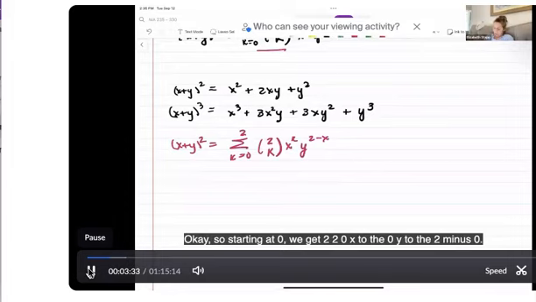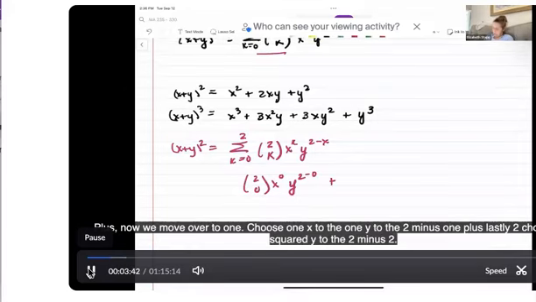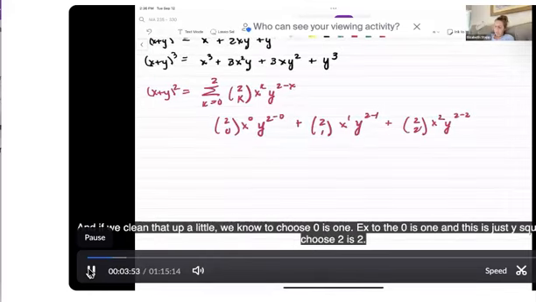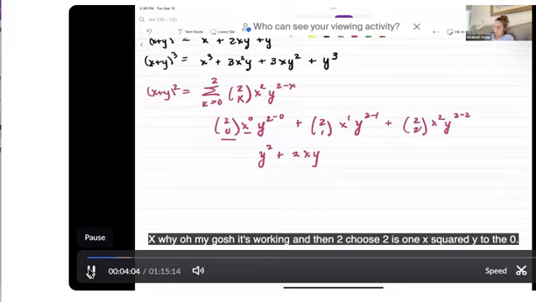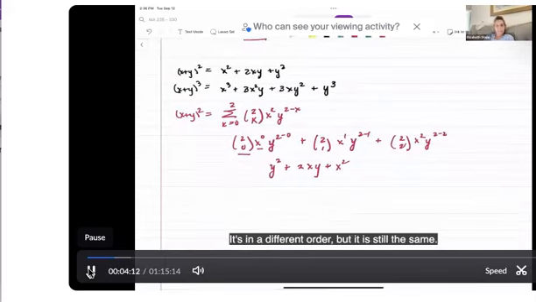Starting at 0, we get 2 choose 0, x to the 0, y to the 2 minus 0, plus 2 choose 1, x to the 1, y to the 2 minus 1, plus, lastly, 2 choose 2, x squared, y to the 2 minus 2. If we clean that up, 2 choose 0 is 1, x to the 0 is 1, and this is just y squared, plus 2 choose 1 is 2, xy. Oh my gosh, it's working. And then 2 choose 2 is 1, x squared, y to the 0. It's in a different order, but it is still the same.